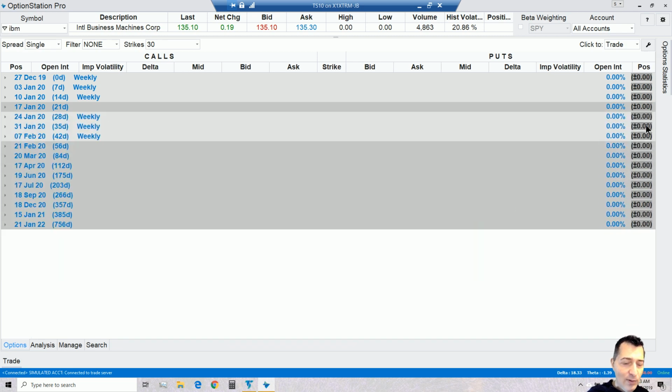Now, one little trick which I want to show you, but I'm realizing I'm going to have to wait 7 minutes until the market opens, because now it's all zeroed out, is to look at the information related to implied volatility.